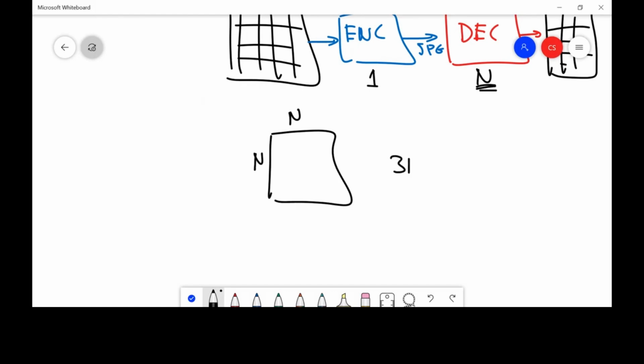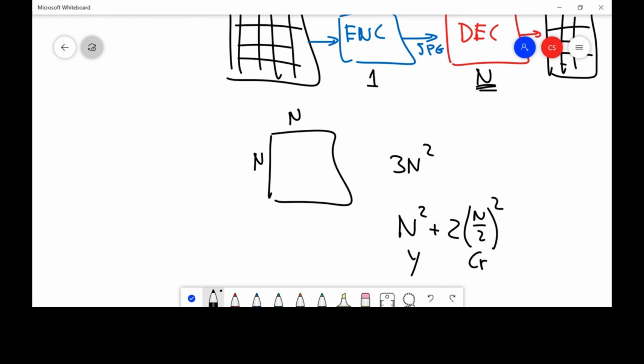So we have 3 n squared numbers. And now we have a luminance image that is of this size, but 2 chrominance images that are of size n half squared.